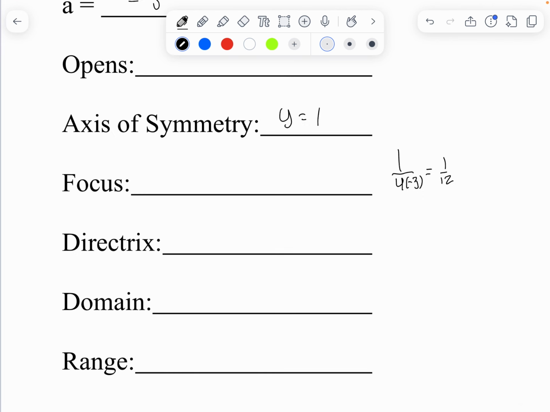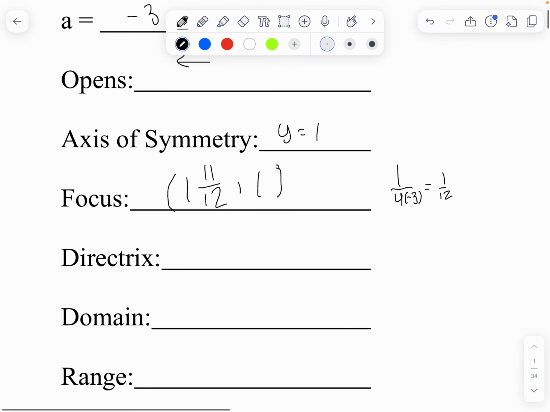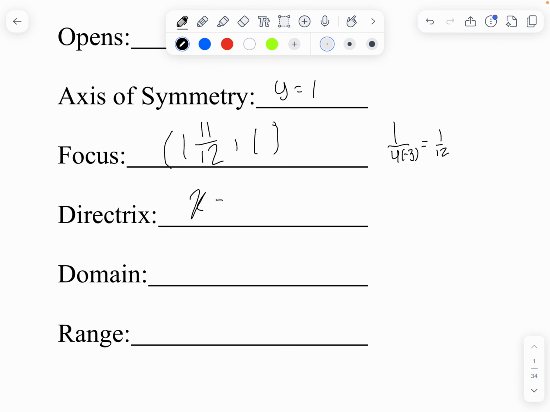Not vertex, that's the directrix, and that's the foci. The focus is written as 1 over 11 over 12, and that's 1. And the directrix is x equals 2 and 1/12.